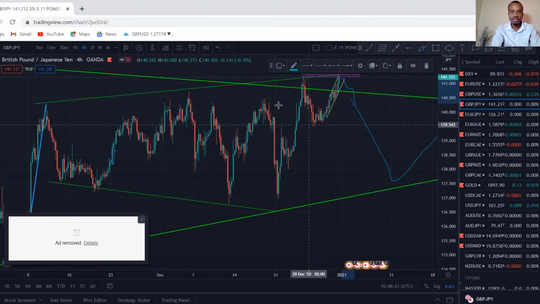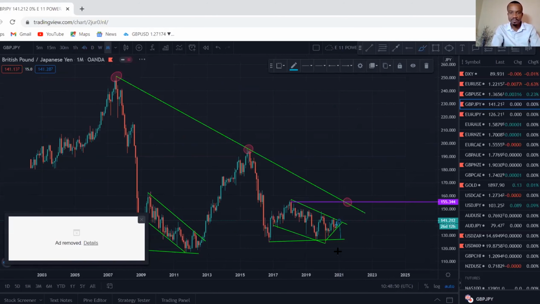But on a long term, we anticipate that price, let's go back to the monthly time frame. We anticipate that price might shoot a little bit to the upside before a massive drop. So price, from a long time, price might go to test that area and then price drop to the downside. So that's what we're anticipating from a monthly time frame.